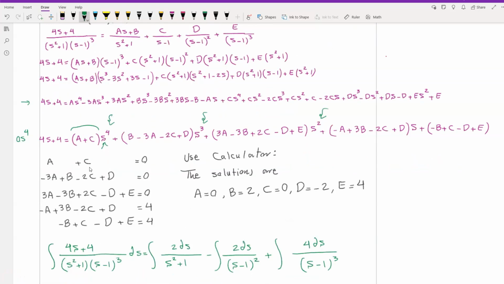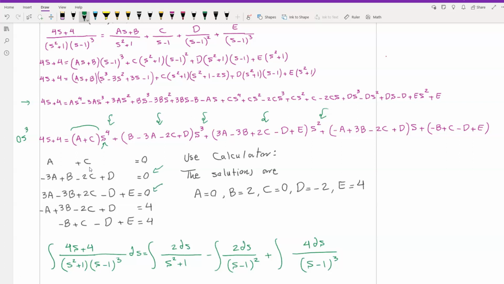So based on that, here we have s to the 4th, and on the left side we have 0 times s⁴. So A + C is equal to 0. Then for s³, we don't have s³ on the left, so again we have 0 times s³. So B − 3A − 2C + D is equal to 0. Then this one is s², and again we don't have s² on the left side, so we have 0.